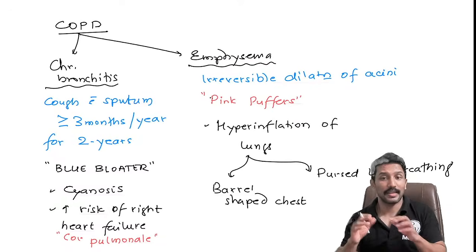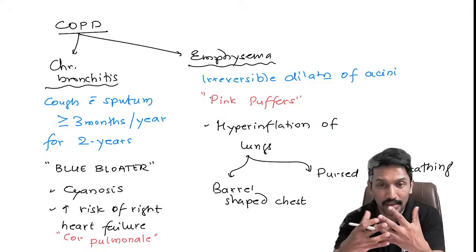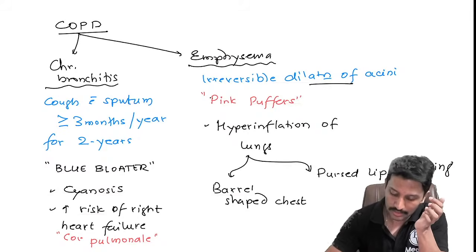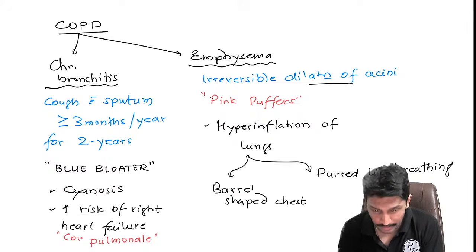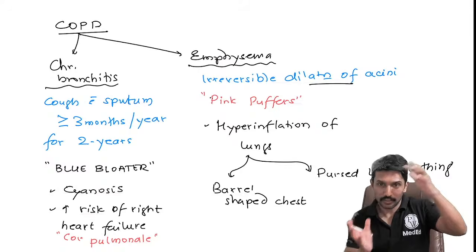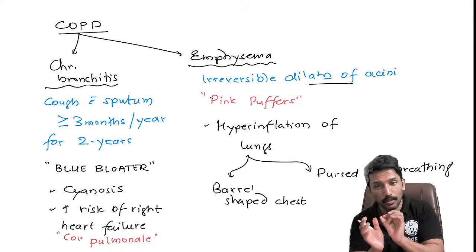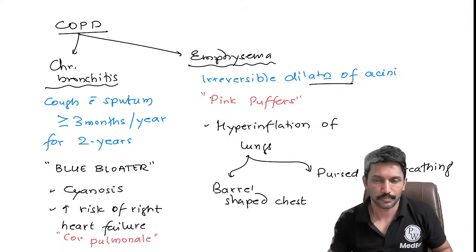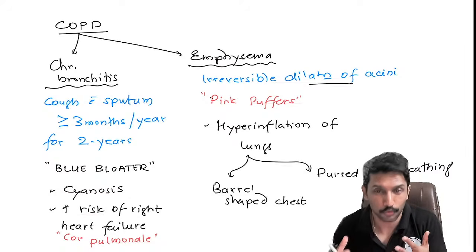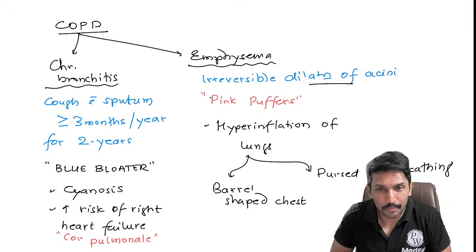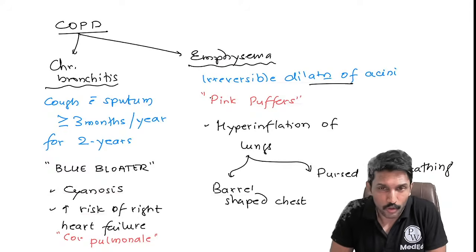And another maneuver that helps them easily exhale the air that is trapped in the dilated acini is to bend and breathe. So when they bend, diaphragm gets pushed up, lung gets squeezed. So the squeezing of the lung pushes the air out. But of course, when I bend, I can't maintain posture. I have a tendency to fall forward. So for support, I keep my upper limb or arms on the thighs.